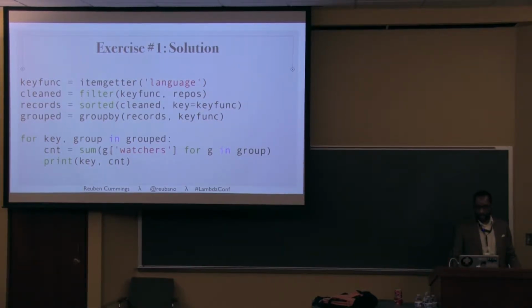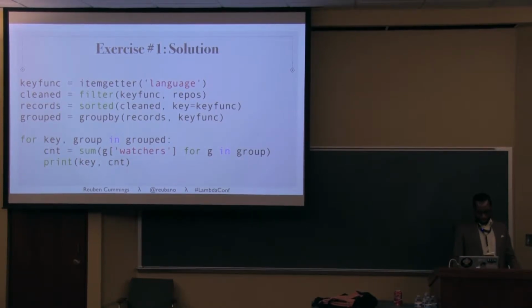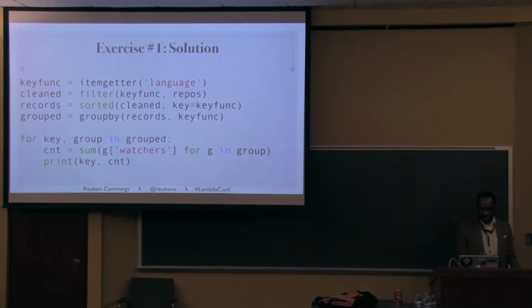There's a function called filter. Essentially, it takes as the first argument a lambda, or basically some callable, which will tell filter which repositories to keep. The second argument is going to be the iterable. Since we've already defined keyfunc, we can use that same keyfunc in filter.